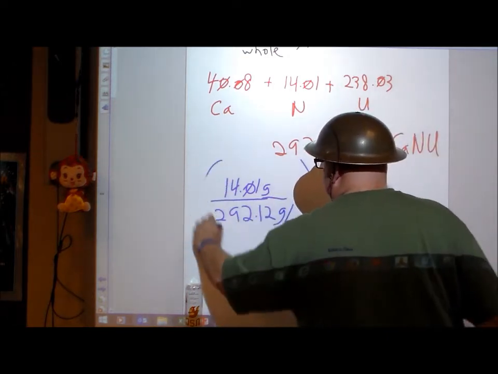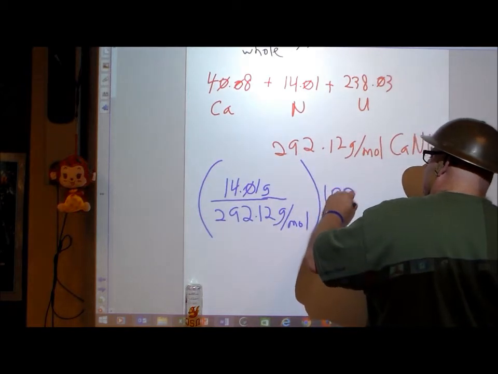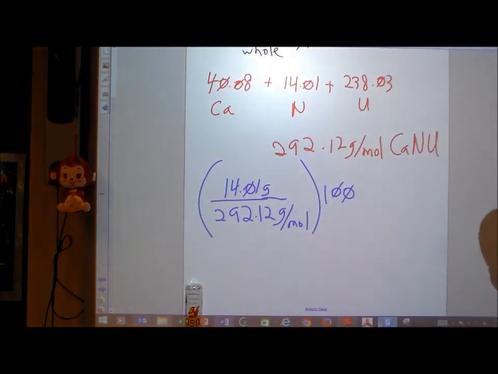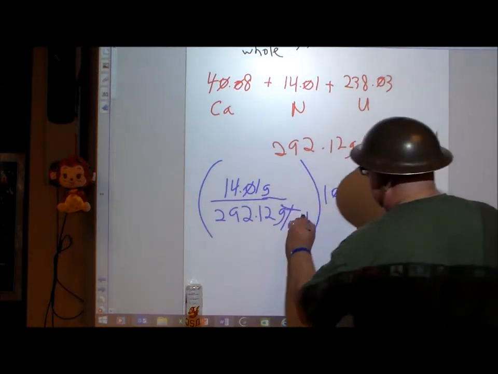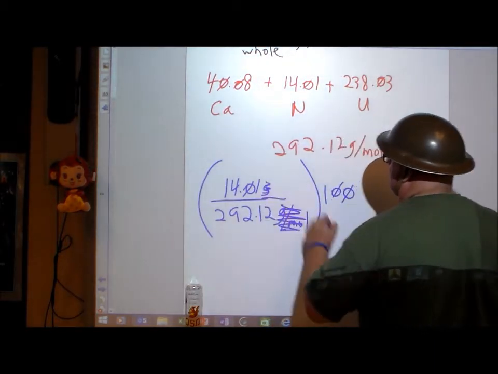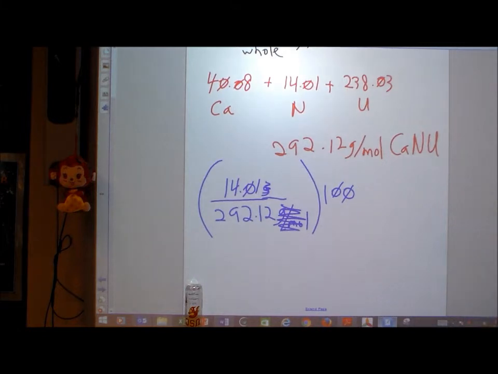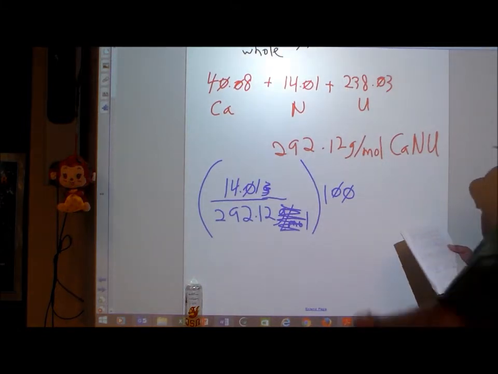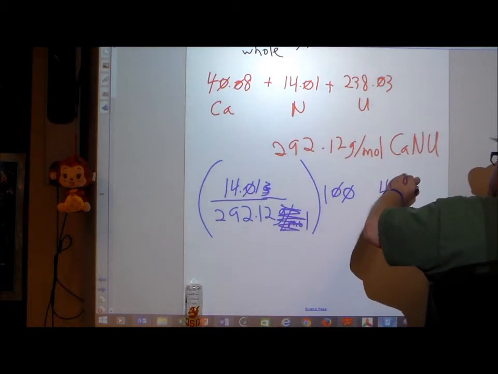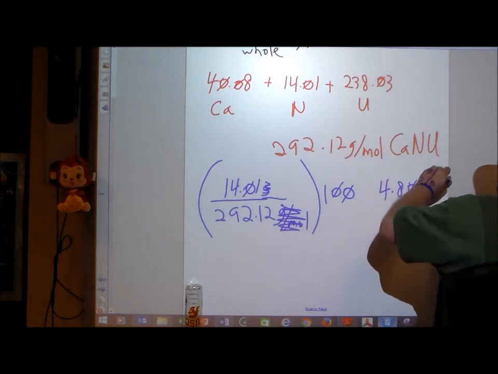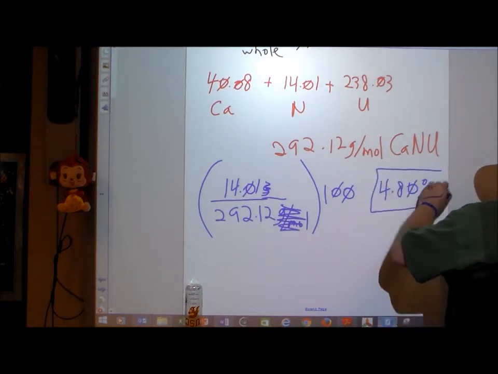In this case, we don't really have to worry about our units, because all you're interested in ultimately is a unitless number. Okay? And with that, ladies and gentlemen, we can get 4.80%.